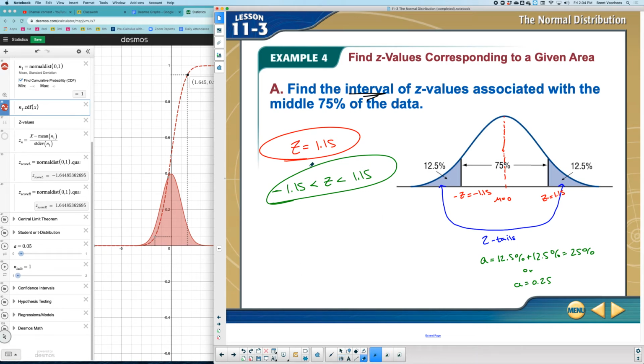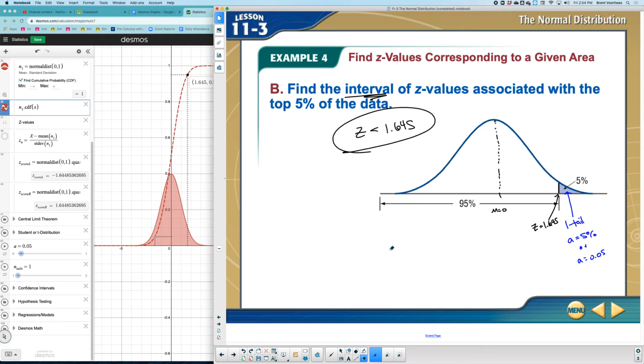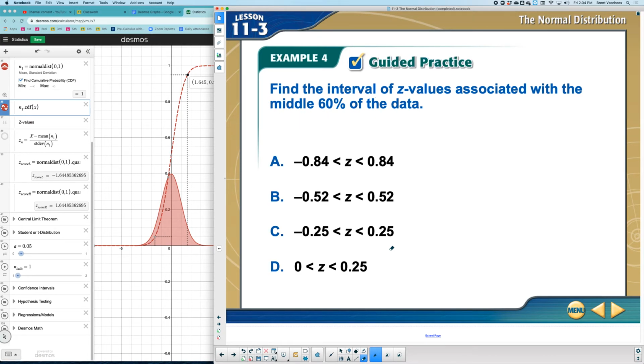Putting a box around the 1.15, that's not an interval, that's an exact value. So let's make sure we get the answer in the right form. We want the z value to be anywhere in between those two values to get the 75%. So now that you've seen it twice, I'm going to let you try on this one, see what you come up with. Pause the video if you need more time.